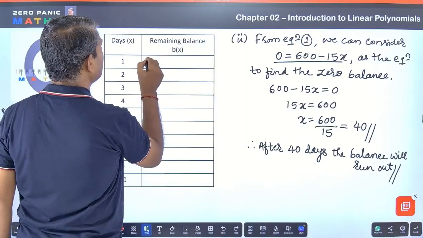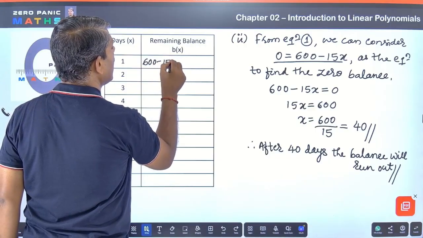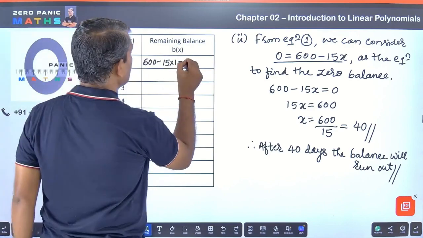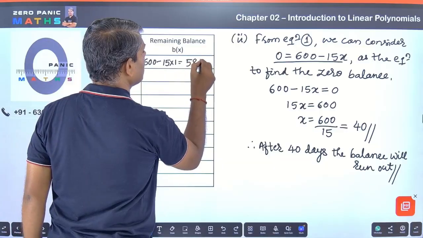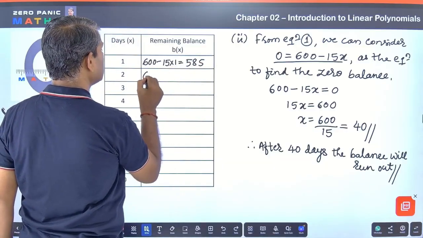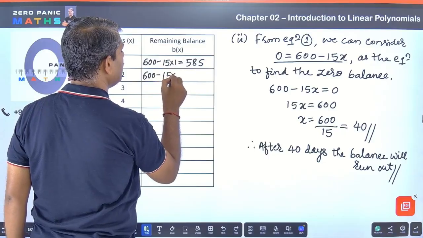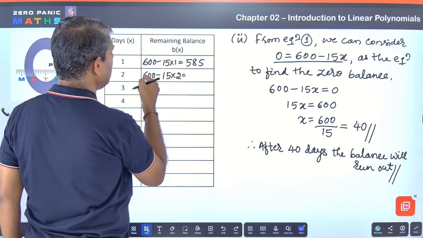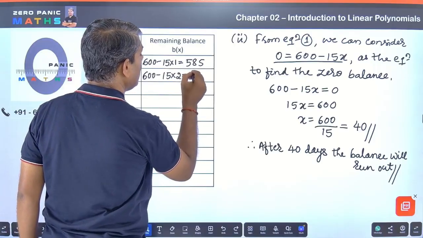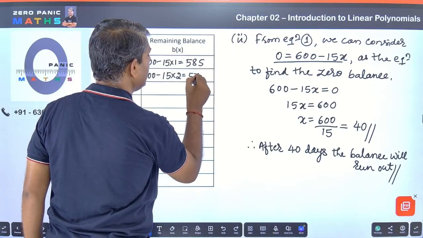So after 1 day it is 600 minus 15 into 1, so 600 minus 15 is 585, correct? Similarly, go on putting the same values in terms of x. For 2 days, 15 into 2 is 30, subtracted from 600, or 15 subtracted from 585, that is 570.